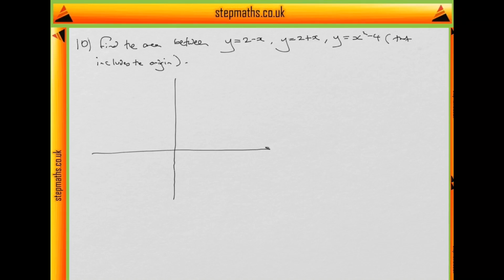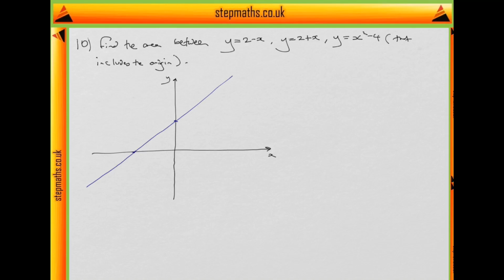So we have an x and a y axis as always, and then we're going to sketch our curve. So let's start with the simple one, y equals x plus 2. That's a simple straight line graph with a y-intercept at 2 and an x-intercept at minus 2. So that's going to look like this. What about 2 minus x?